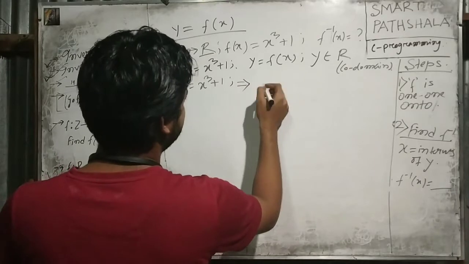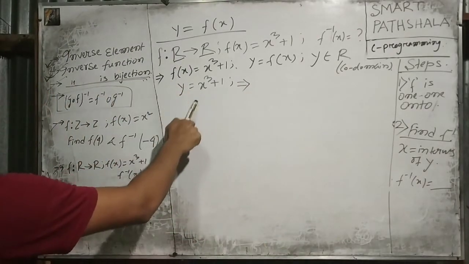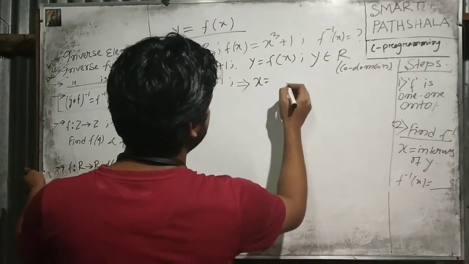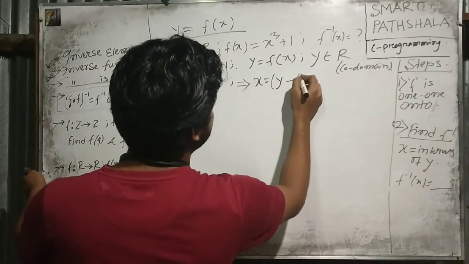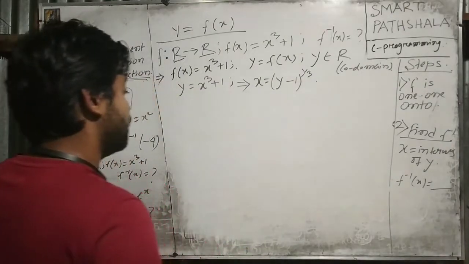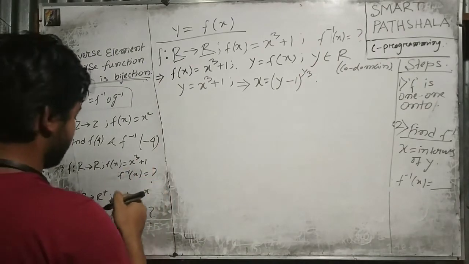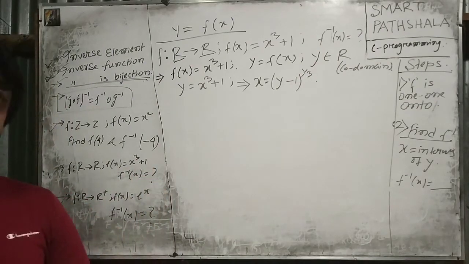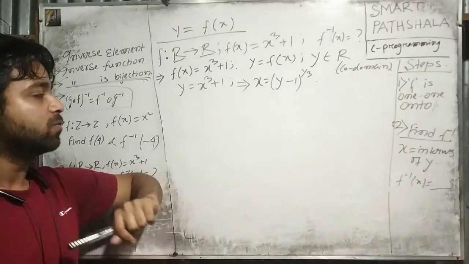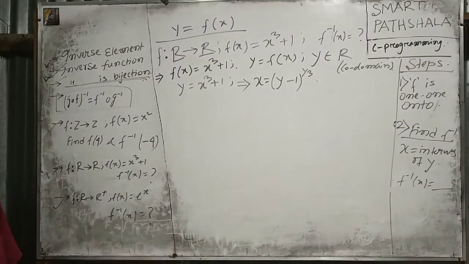Now this will imply, if I convert this y in terms of x, now if I convert this x in terms of y, this will be nothing but y minus 1 to the power 1 by 3, right? Now we have to prove that for all elements of the codomain, there exists a pre-image in the domain.